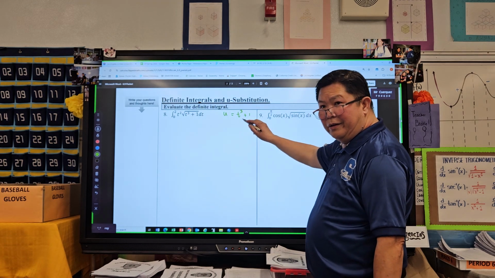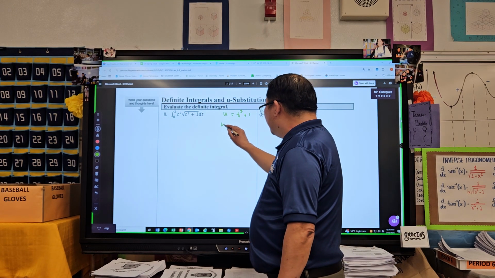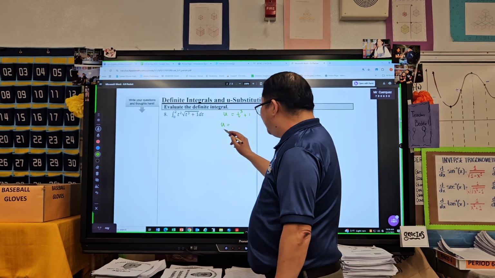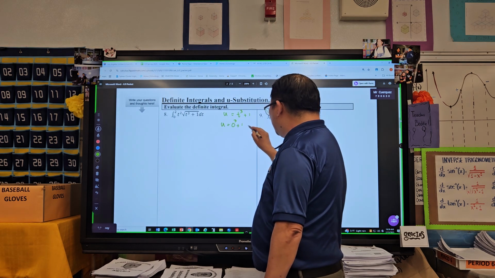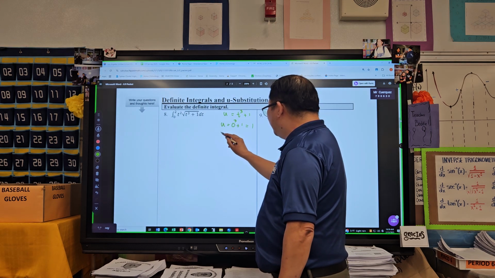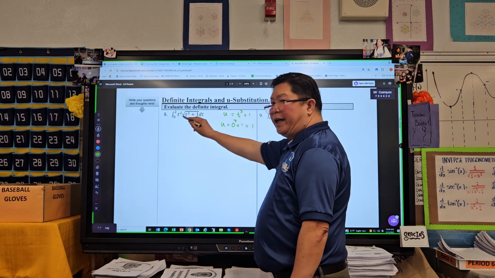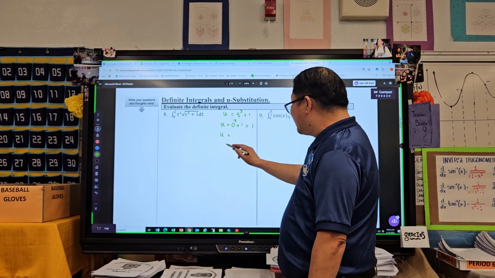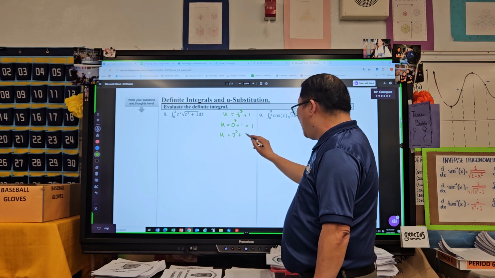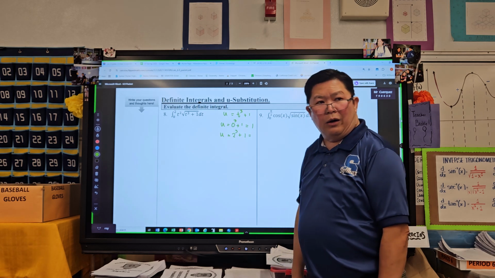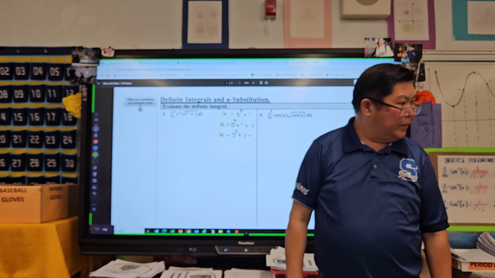So we plug in 0, that means 0 to the power of 3 plus 1, so it's going to be 1. Next, if we plug in the upper limit as 2, that means 2 to the power of 3 plus 1. What is the upper limit now? 9.